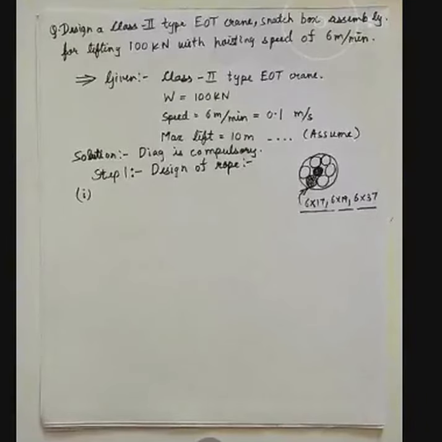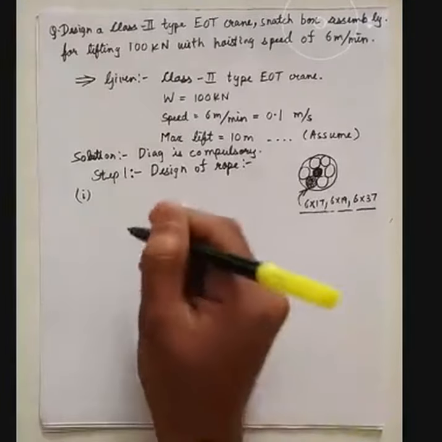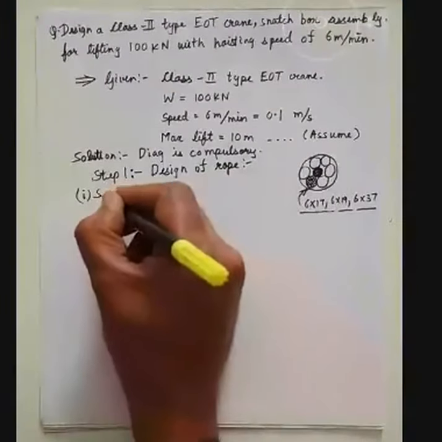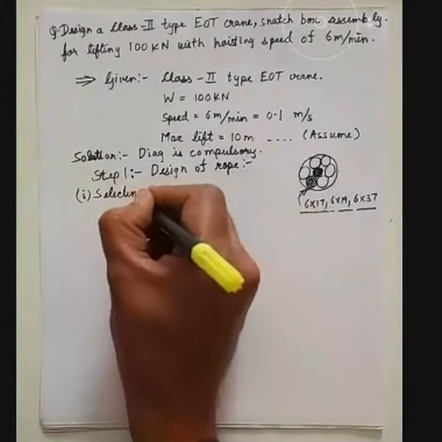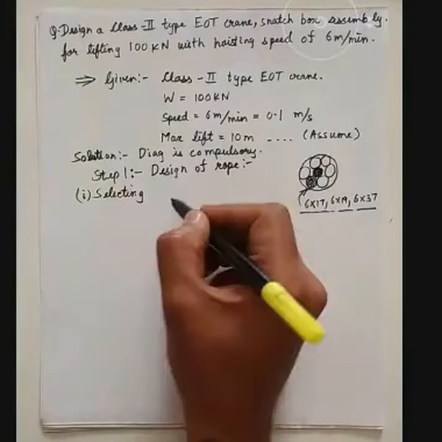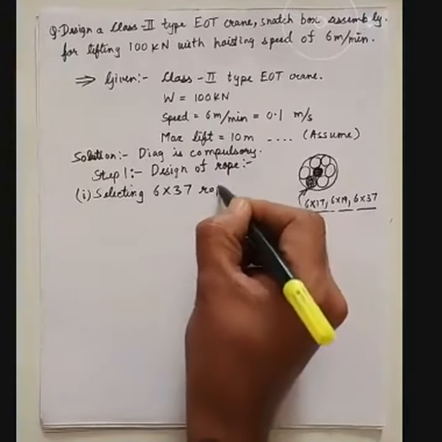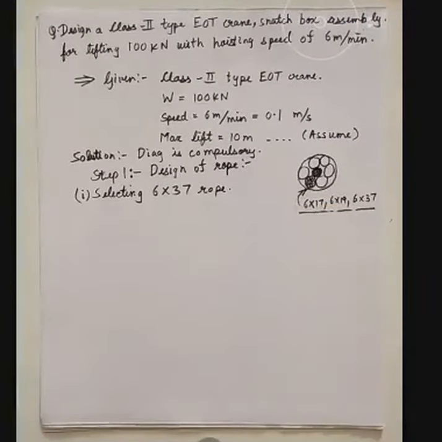I think everyone has that diagram, right? Yes sir. In design of rope, you write: selecting 6 into 37 rope.